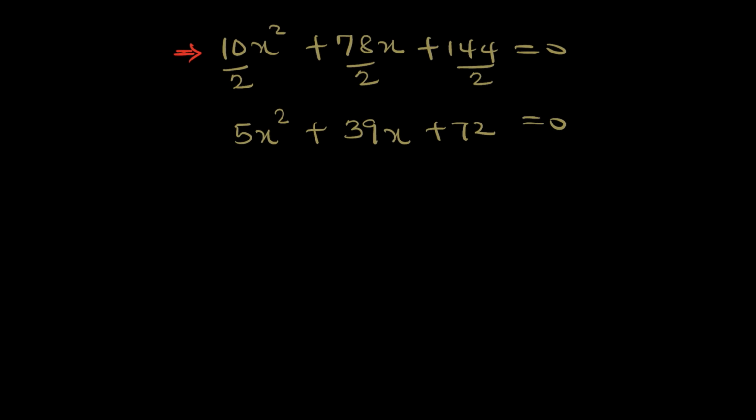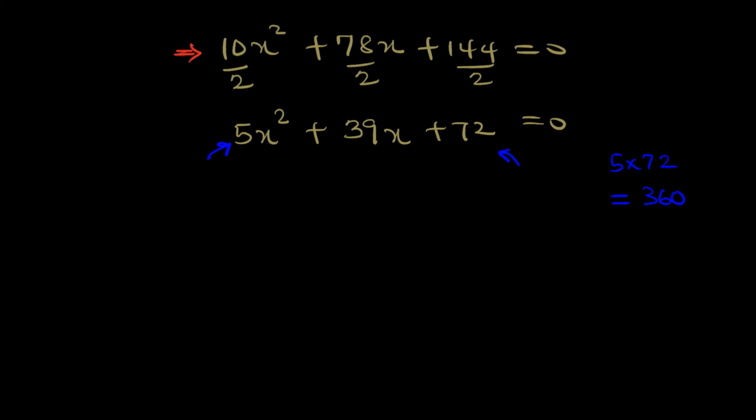So we want to solve this quadratic equation for x. Is it factorizable? In order for us to factorize, we will need to multiply this coefficient of x squared and the constant term together. When we do that, we have 5 times 72, which will give us 360.